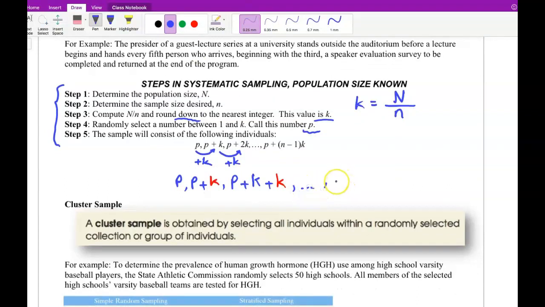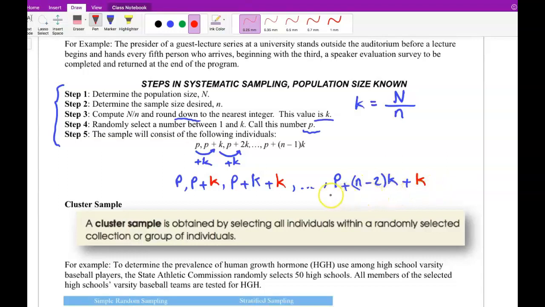Three dots, then p plus, let's say this one is 1, then you have 1k, 2k, 3k, then we have n minus 2 depending on what the sample size is, so n minus 2k, now plus k.